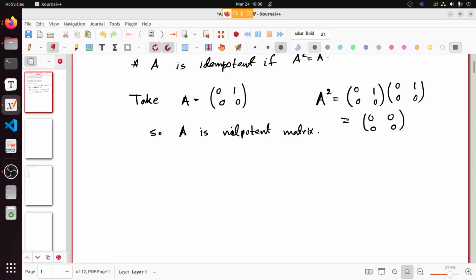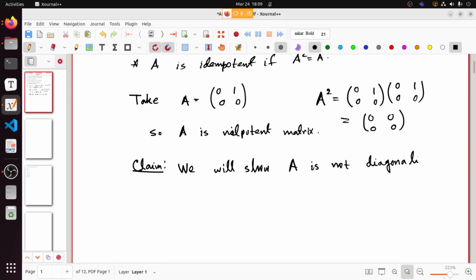Claim: we will show A is not diagonalizable. Right. So let's find the determinant of A minus lambda I.